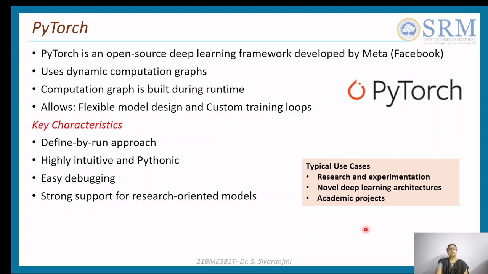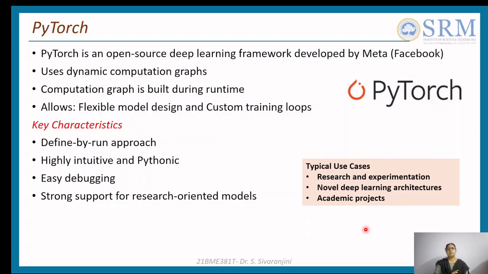What is static and what is dynamic? In a dynamic graph, the computation graph is built during runtime, on the go, as the code is written. You change it accordingly, so that if you have a bug, you can fix it and then try it.